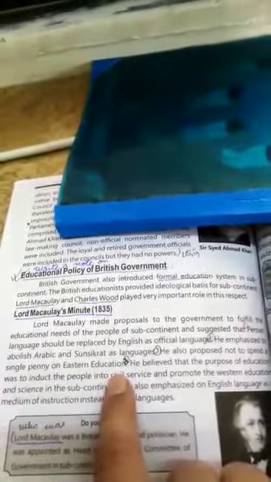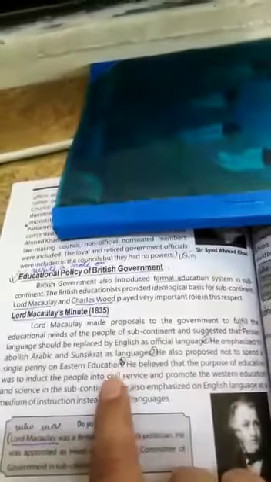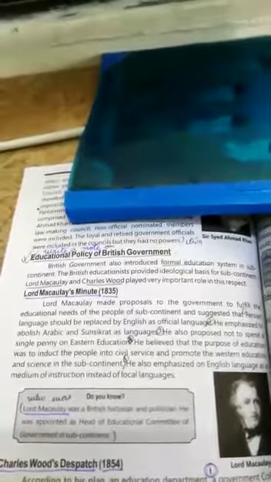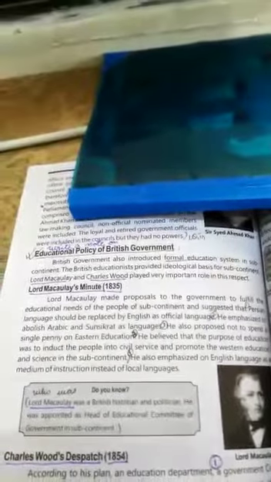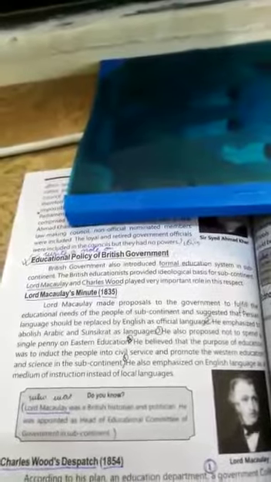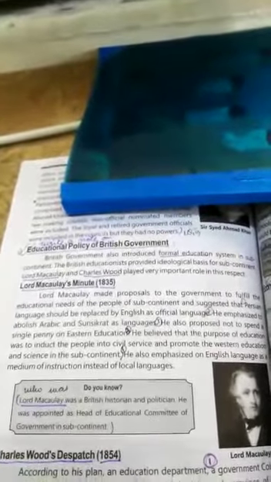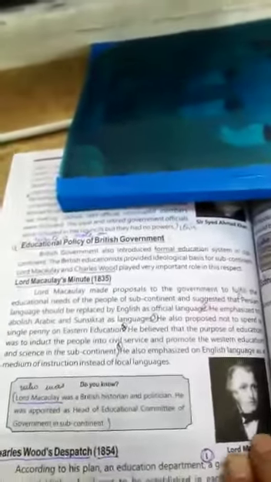Eastern education was the education which the children were acquiring at their homes, from teachers who came to their homes and gave them basic education about their religion, about the areas in which they were living, and the education which their forefathers had been getting before.